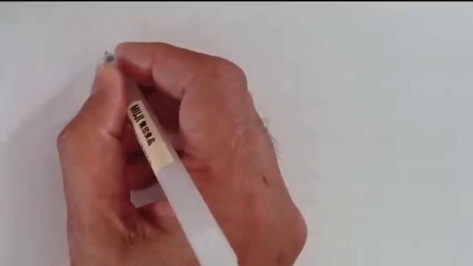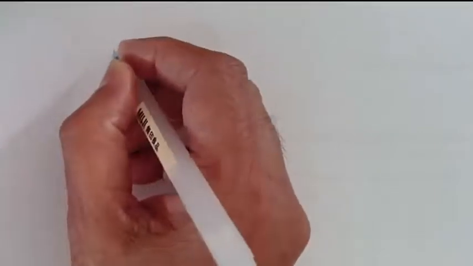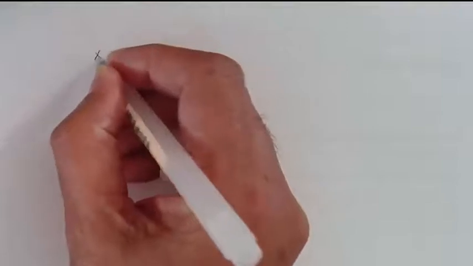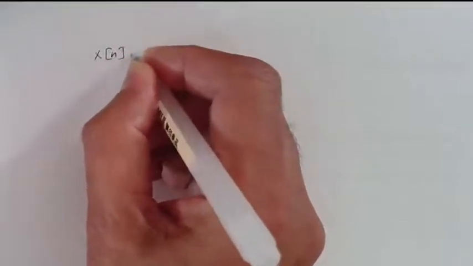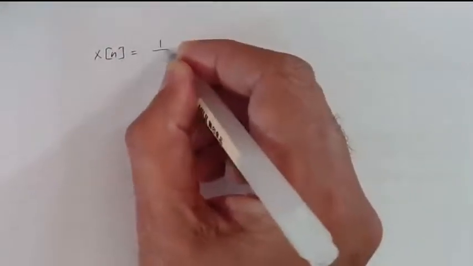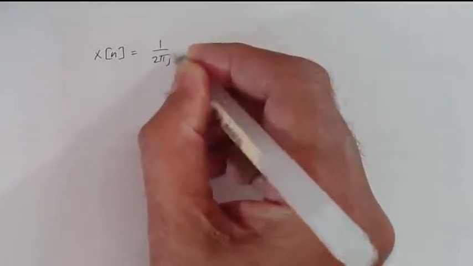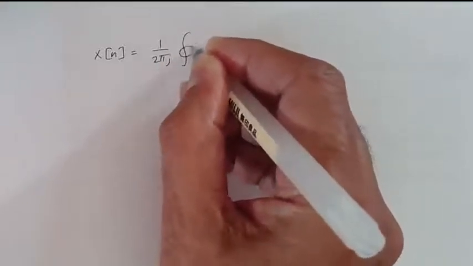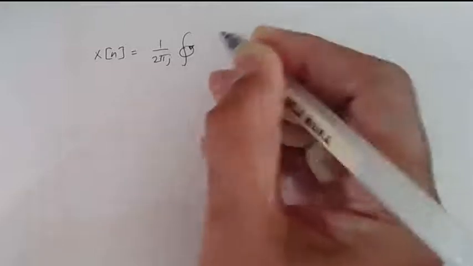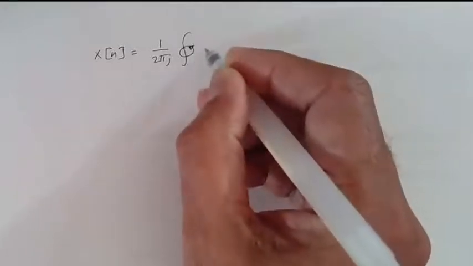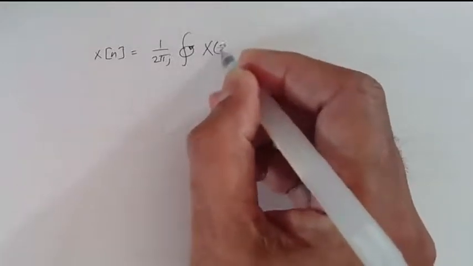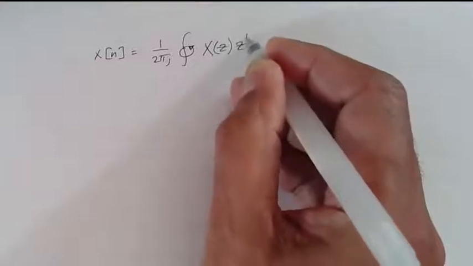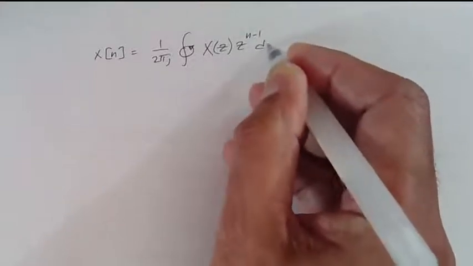So let's begin. The formal definition, and that's one of the ways to do it, is that x of n is equal to 1 over 2 pi j, the contour integral, of x of z times z to the n minus 1 dz.